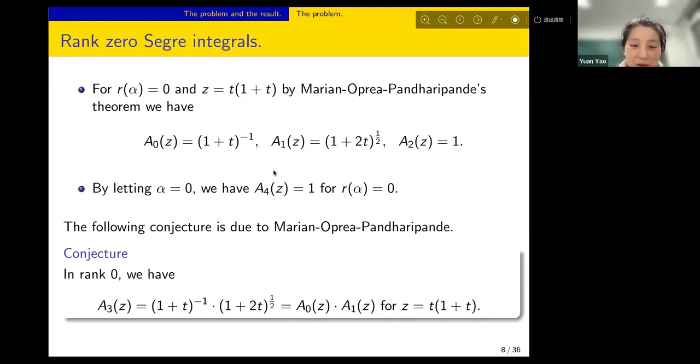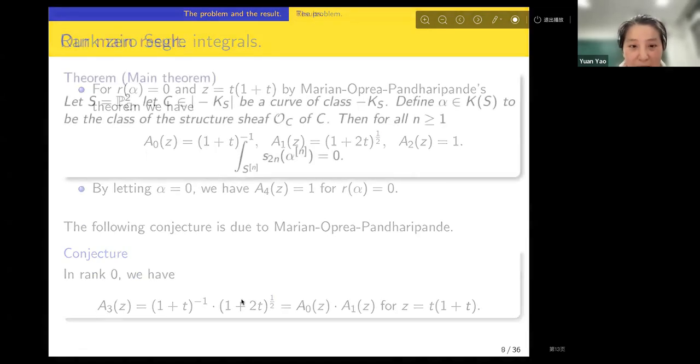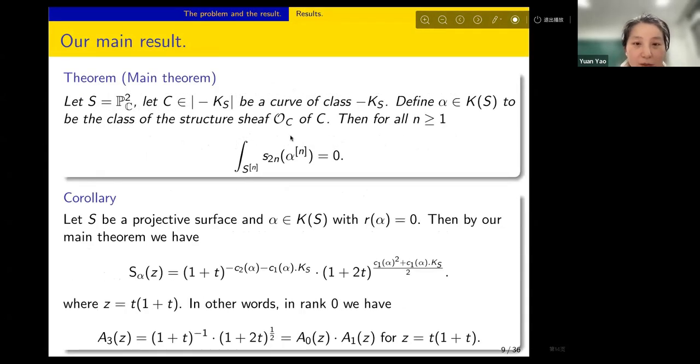Now the A3 part is the only one we don't know. For this special case, we get the Segre series to be 1, since we have the other terms all zeros. So by this universal series, you put everything together, you get these things.